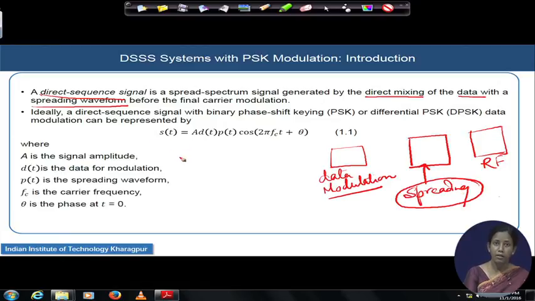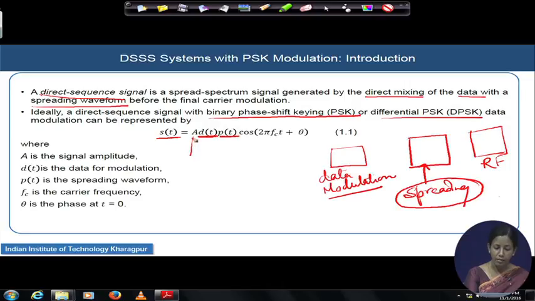Coming to the mathematical model of the direct sequence spread spectrum signal, if we consider that binary phase shift keying or differential phase shift keying is going on, then the data d(t) from the BPSK modulation will be utilized in conjunction with the spreading sequence p(t) to generate the spread signal s(t).